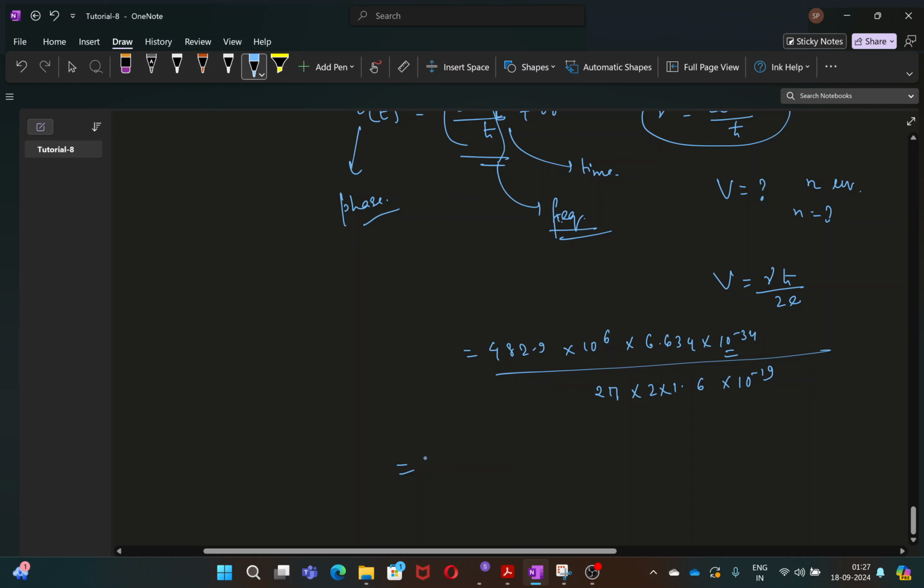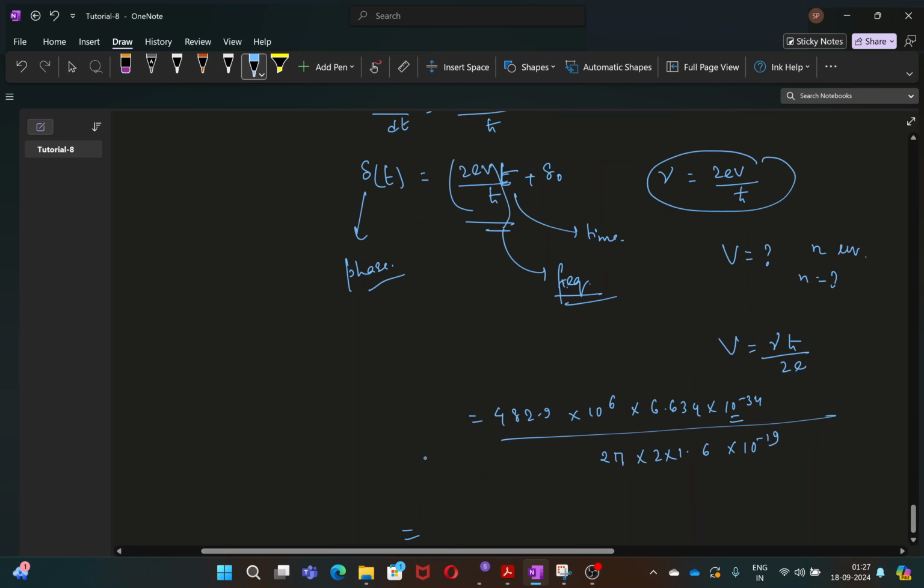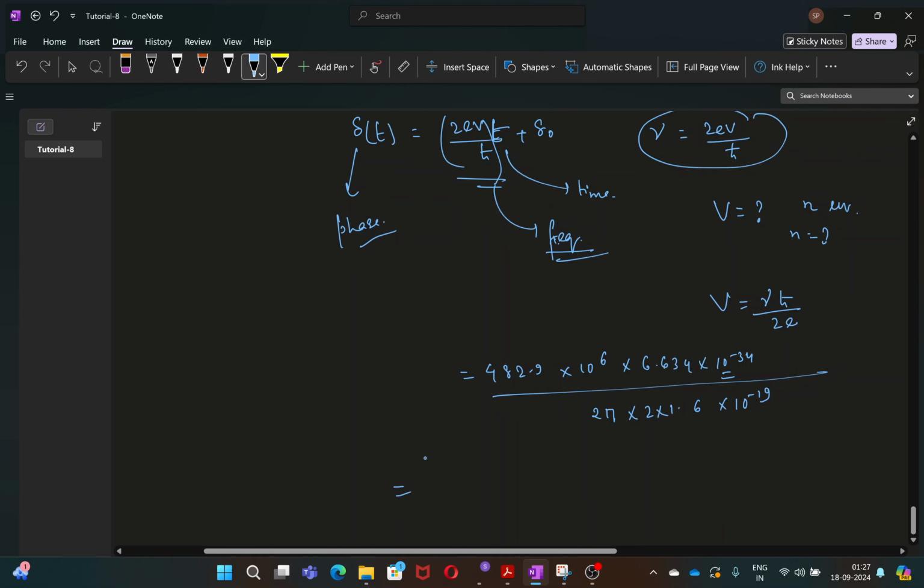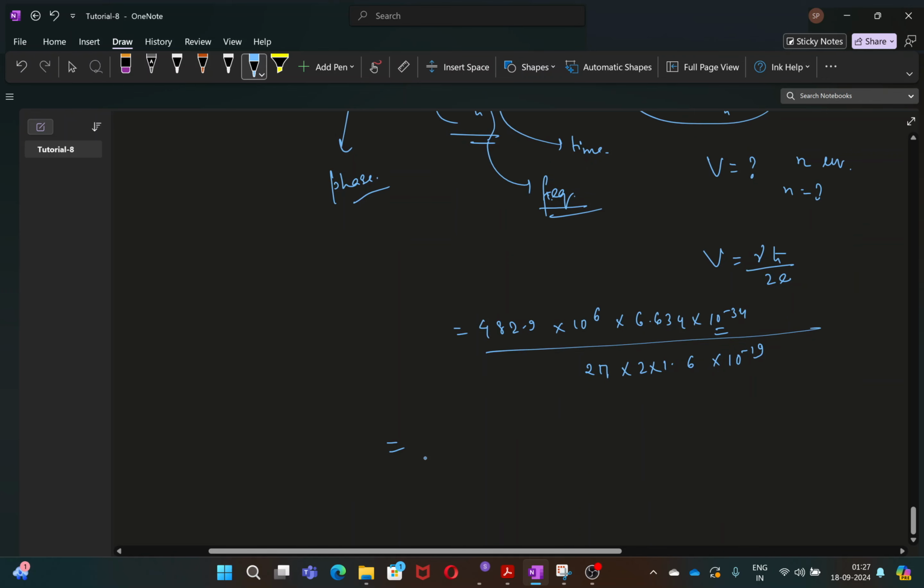So 482.9 into 10 to the power of 6 into 6.63 into 10 to the power of minus 34, divided by 2 into pi, into 2 into 1.6 into 10 to the power of minus 19.